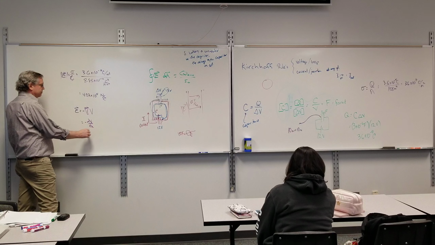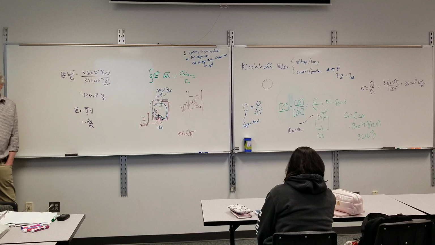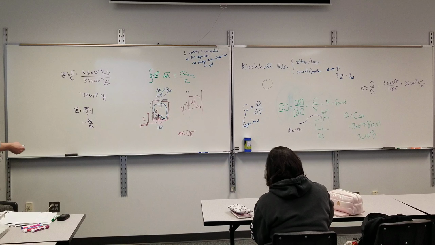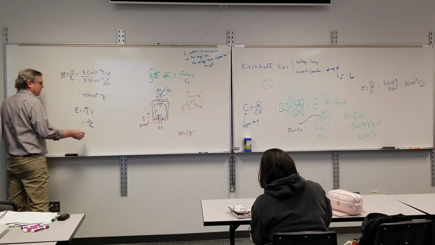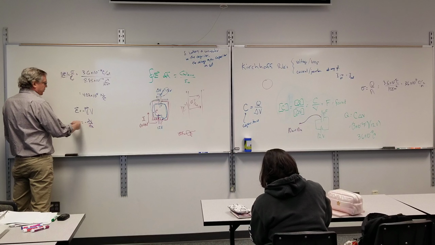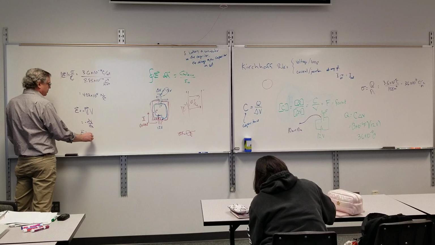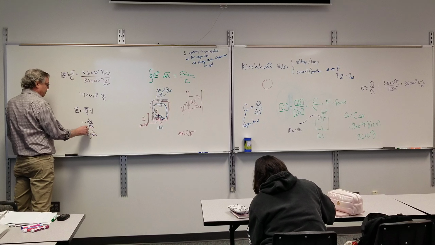Writing it as a partial would probably be more accurate, but I only have one variable anyway. If I multiply both sides by dx, I get negative E dx equals dV. Integrate both sides.